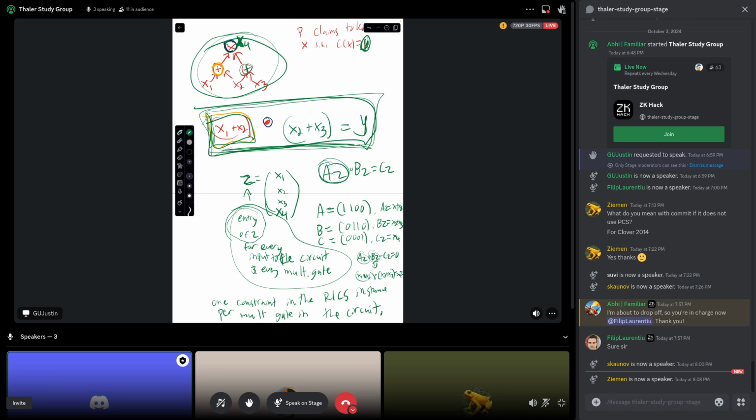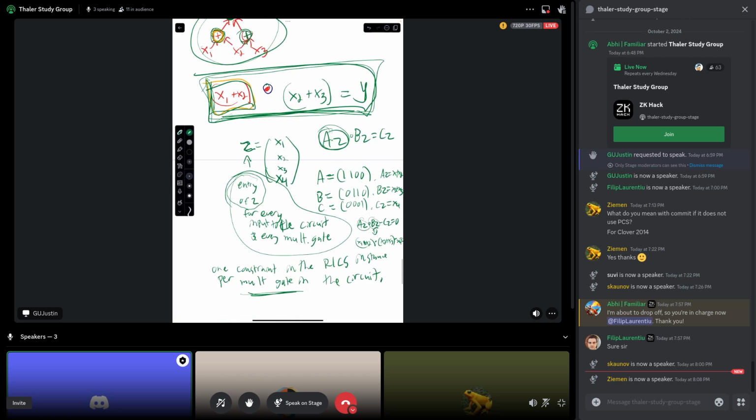That is the same as saying the value assigned to this multiplication gate is the product of its two inputs, the left input being x1 plus x2 and the right input being x2 plus x3. Since I didn't prepare this, I didn't do a great job presenting the transformation, but hopefully this has given you the idea.